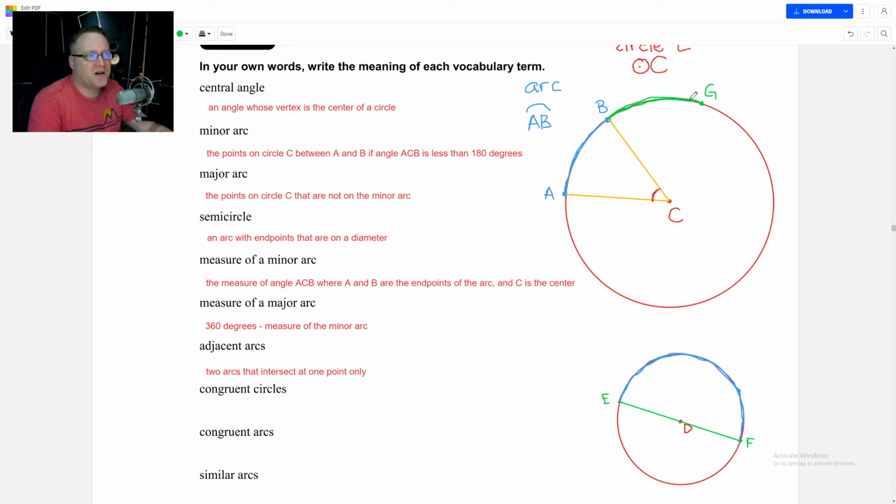Here is our arc from B to G. Now, these two arcs, arc AB and arc BG, are adjacent because they intersect at one point. What one point do they intersect at? B, right? They both have B in them. So that's why they are adjacent. It just means they are two arcs that are next to each other.